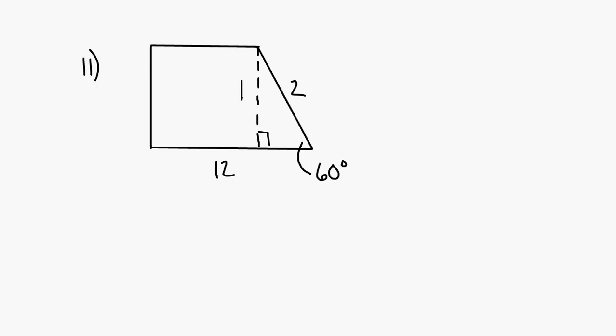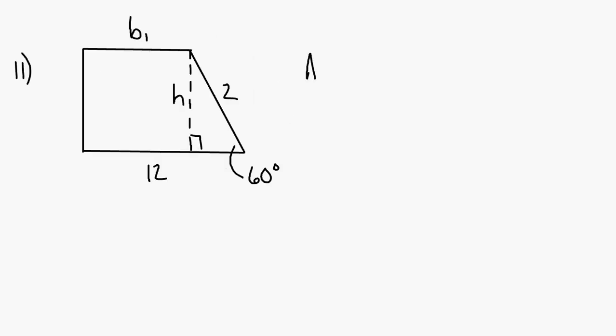This is your height. It's missing. And your base 1, the top, it's missing. So the area again is equal to 0.5 times your height times base 1 plus base 2. In this right triangle over here on the right, you've got the hypotenuse and you've got a 60-degree angle. It makes this a 30, 60, 90 right triangle.